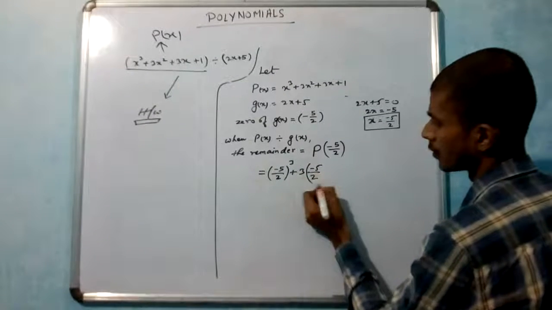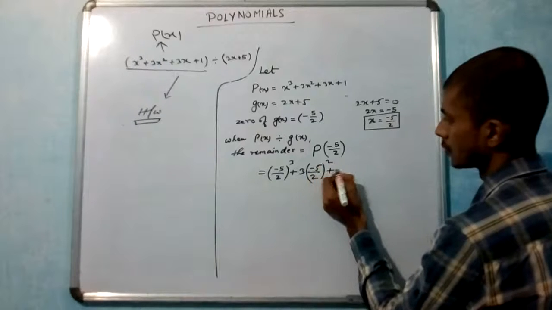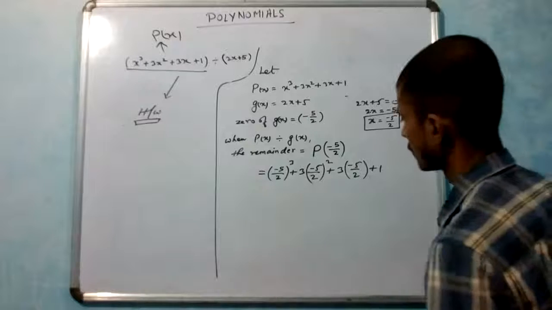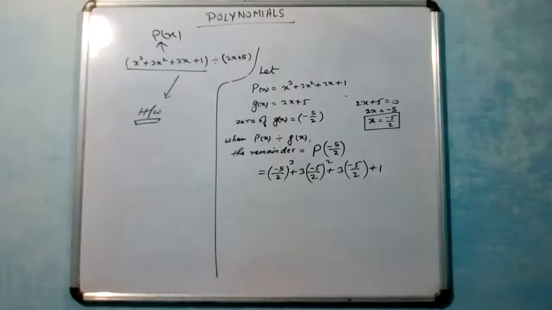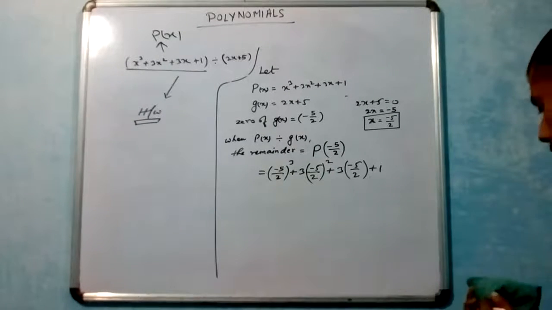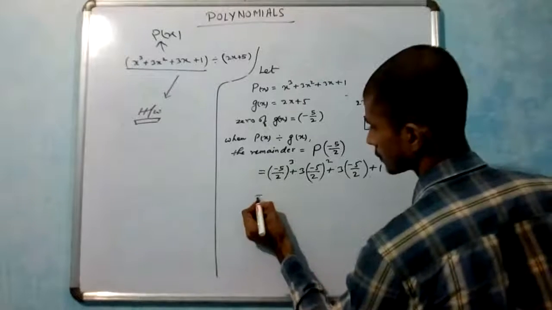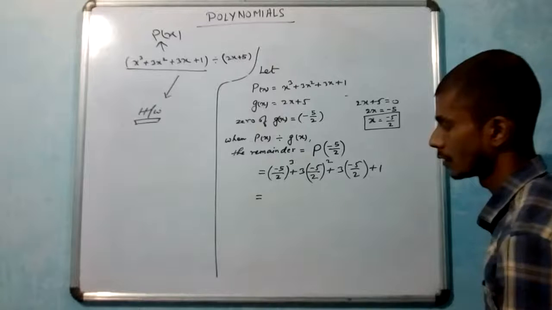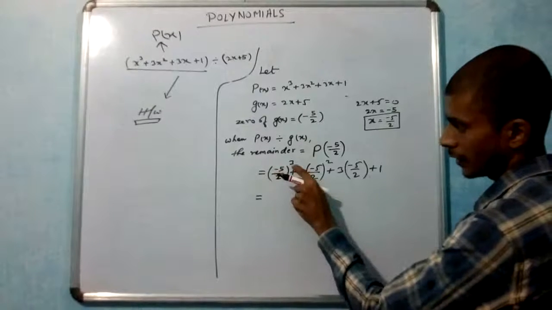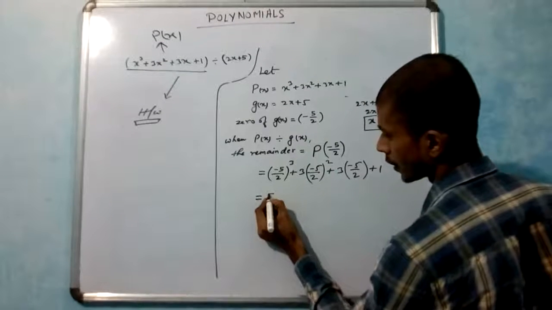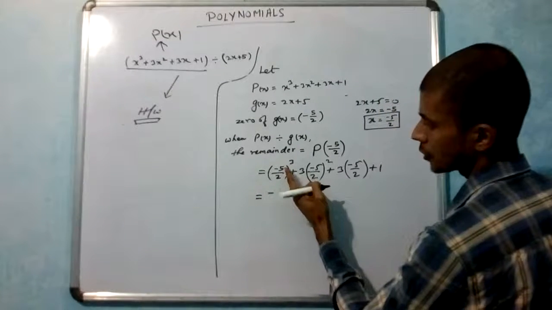Speak, keep on speaking. No, solve it. Minus sign is here and here is odd, so of course minus will be there. Now 5 cube means how much?